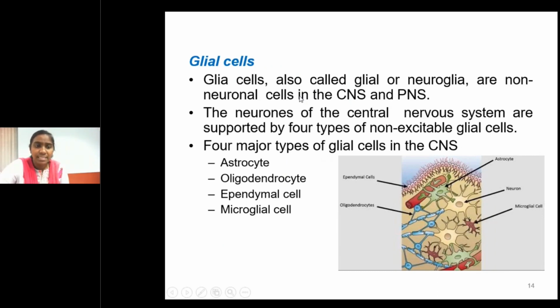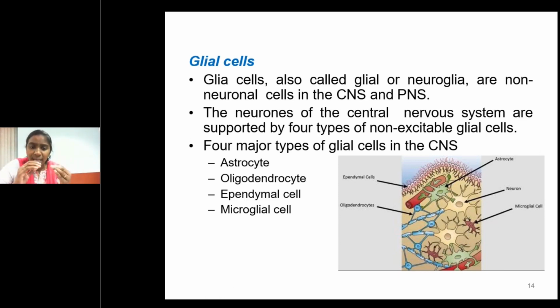See, these are the glial cells called neuroglia, and there are four types of glial cells: astrocyte, oligodendrocyte, ependymal cell, and microglial cells. See, this is the ependymal cell structure, the oligodendrocytes, and this is the astrocytes. These astrocytes are attached to the blood vessels.